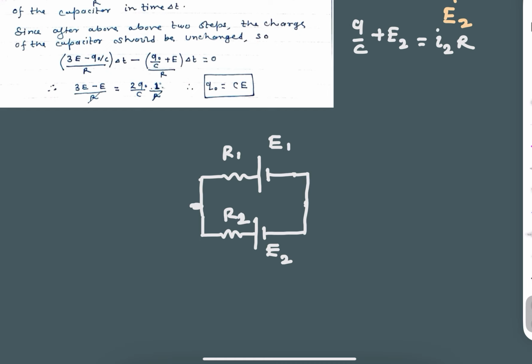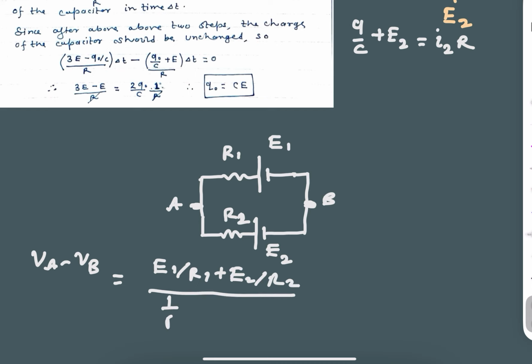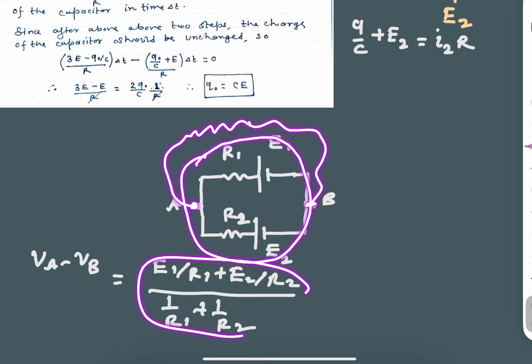Then between these 2 points, A and B, potential difference can directly be written as E1 by R1 plus E2 by R2 upon 1 by R1 plus 1 by R2. This is very popular result. Even we call it as equivalent EMF of this combination of cells. What does it mean? We connect a certain element between these 2 points. That element will feel that as if there is a cell of this much EMF, right?